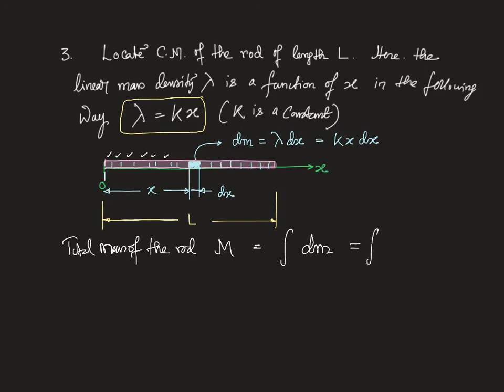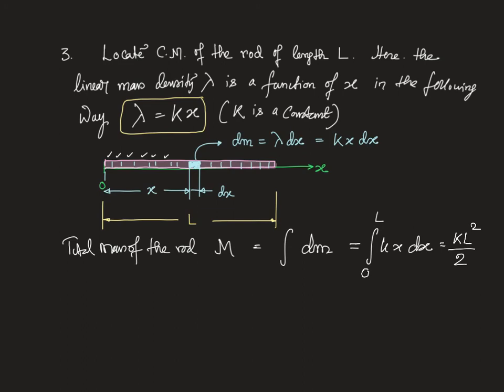So integration of kx dx, as you have seen, dm equal to kx dx, from, see, you have to cover up the entire rod, so x will vary from 0 to L. So it's KL square by 2, total mass of the rod.